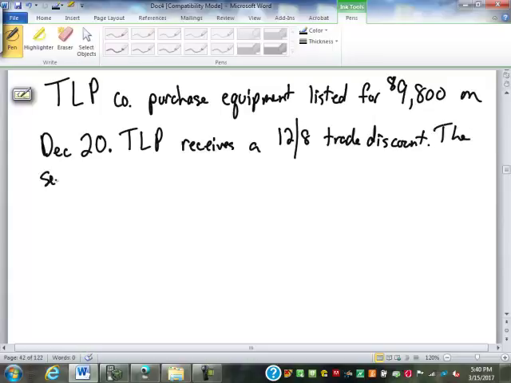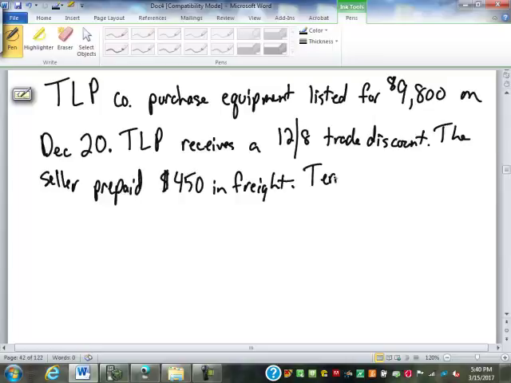The seller prepaid $450 in freight. The terms are, let's do this, 2/10, 1/15, net 30.